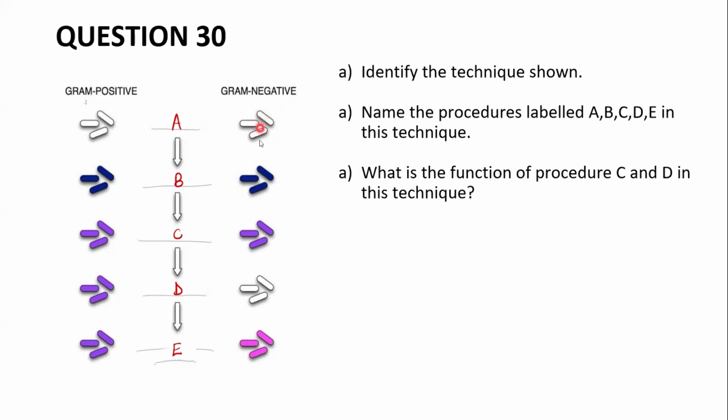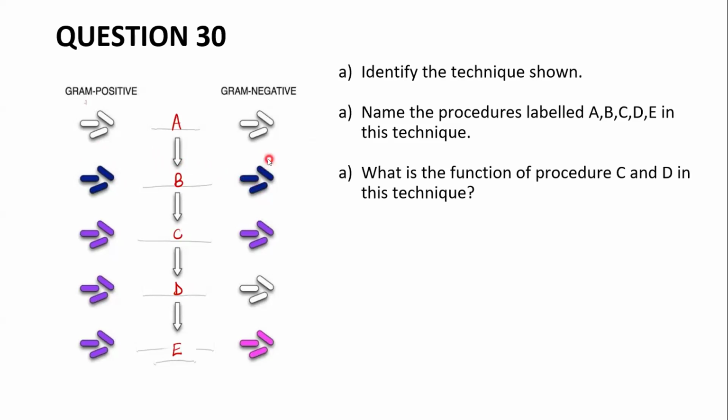Now, after fixation, we go to B. Here's where we use the crystal violet, which is the primary stain. It's purple in color. That's why you can see, I don't know, is this purple or blue? They say men are colorblind. I'm seeing purple. So here the smear is flooded with the crystal violet for around 30 to 60 seconds.